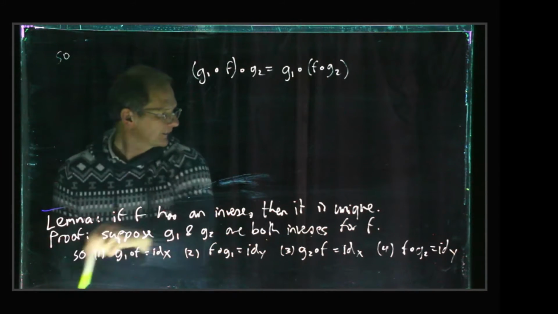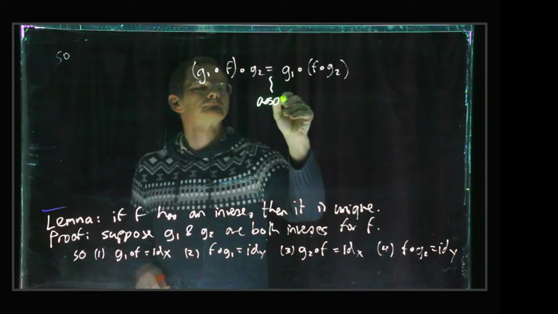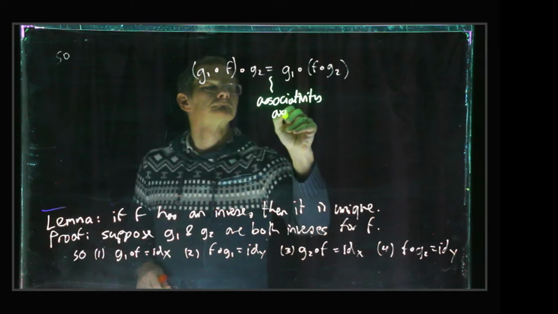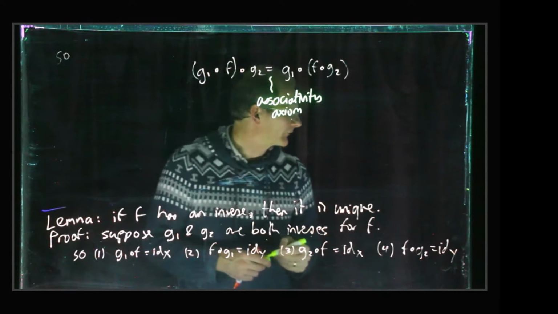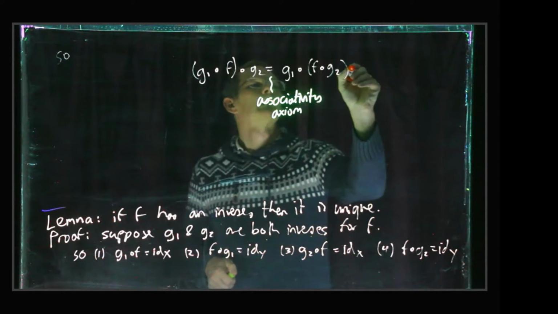So these two are the same, of course, by the associativity axiom. One of the axioms for a category is that composition is associative.